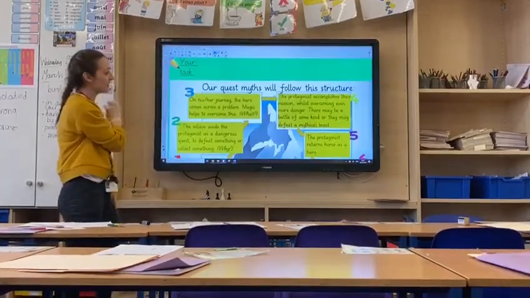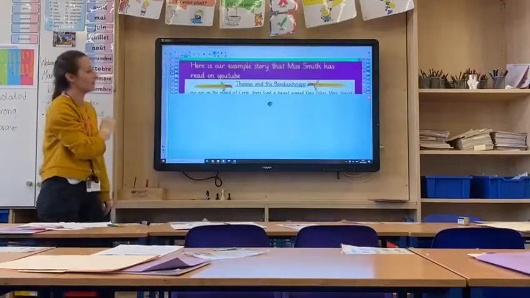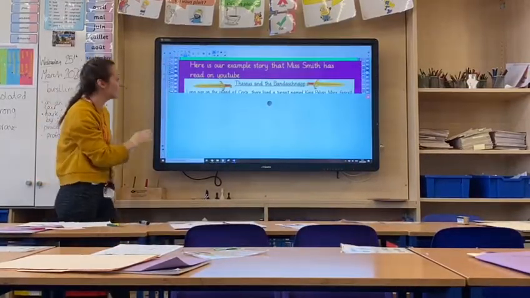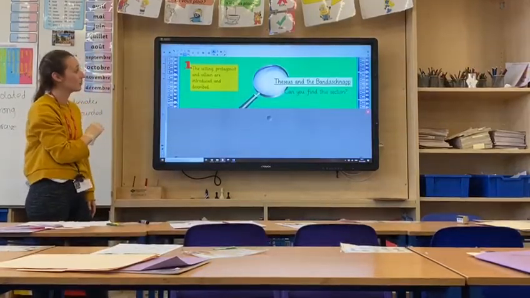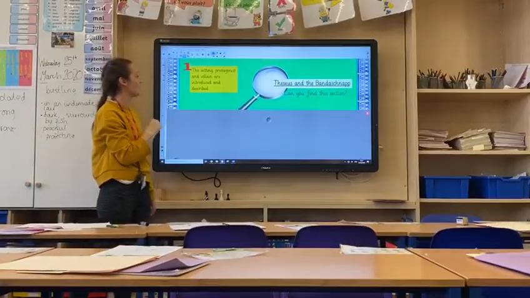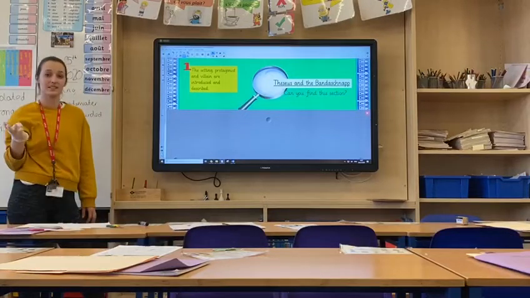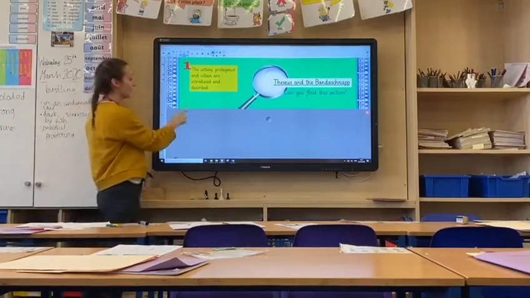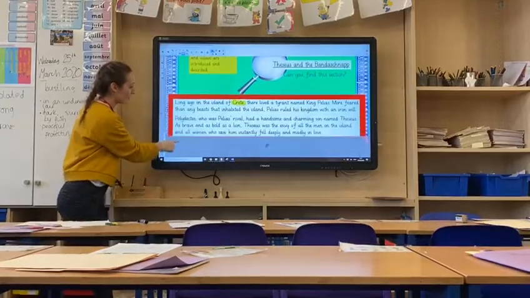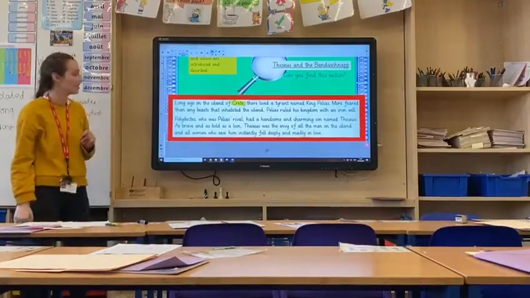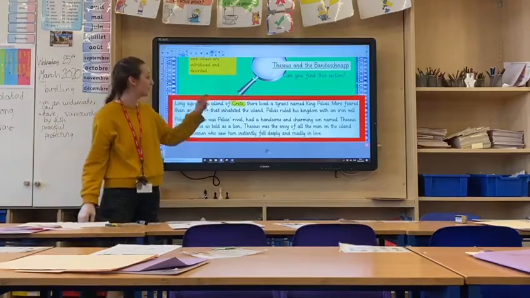So hopefully you've listened to Miss Smith's story of Theseus and the Bandersnatch already. So I won't read that to you again now, but section 1 is all about describing and introducing 3 things, which are the setting, the hero and the villain. So if you have got this in front of you, if you could find the very start, the introduction, where it says, long ago on the island of Crete.